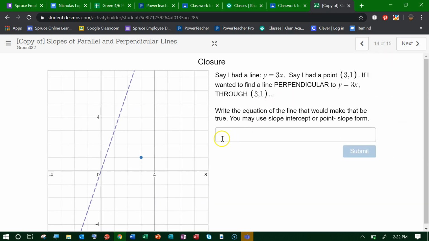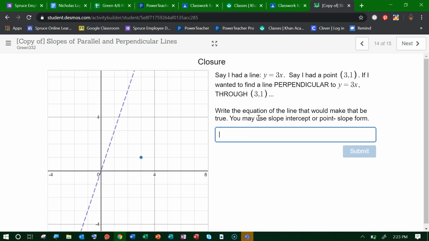And I'm going to close with this problem. Might as well finish it. Say I had a point (3, 1), and I want to find a line perpendicular to the line y equals 3x through (3, 1). I'm going to write the equation of the line in point-slope form because that's the easiest way to do it. So I need my slope to be -1/3, and I need my point to be (3, 1).